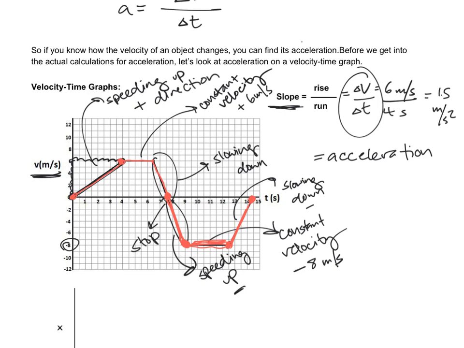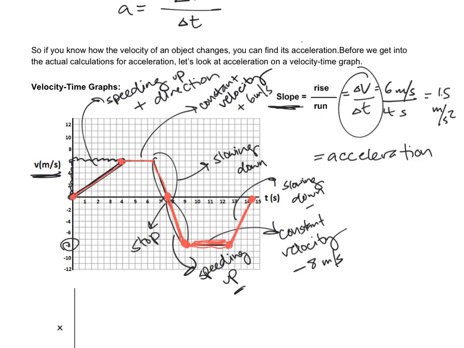Flat line means slope of 0. So your acceleration was 0, which makes sense because you're going at a constant velocity. Your velocity is not changing. And you could similarly calculate the slope at the other two, well, at any of the other points, you've got another constant velocity here. But on your two other lines, you could calculate the slope to calculate the acceleration.